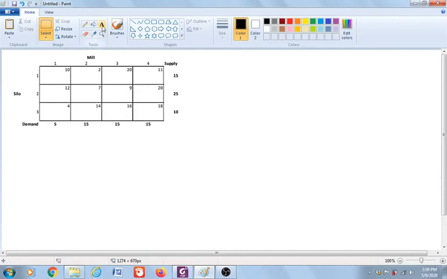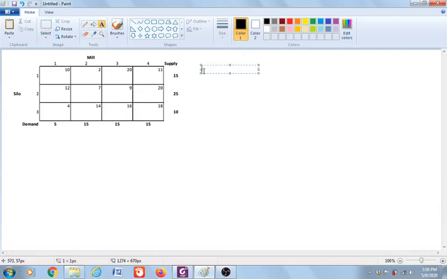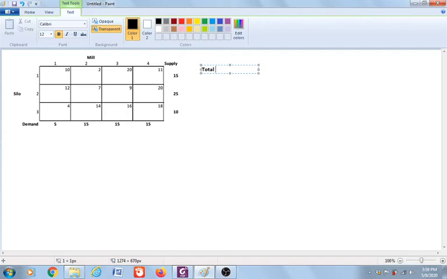First, the total supply is 15 plus 25, that is 40, plus 10, that is 50.